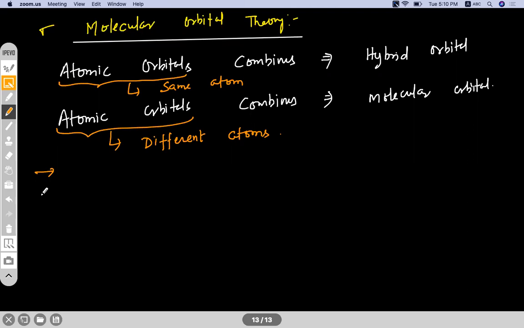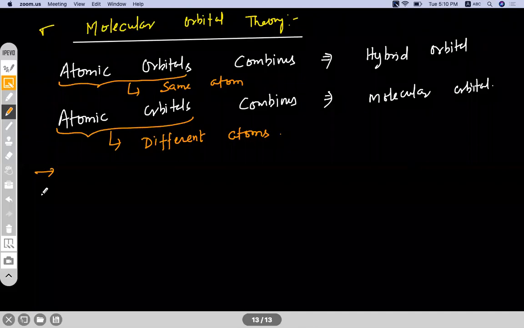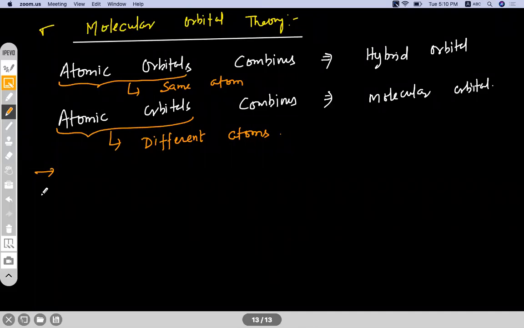Next, like atomic orbitals, molecular orbitals can also accommodate a maximum of 2 electrons.